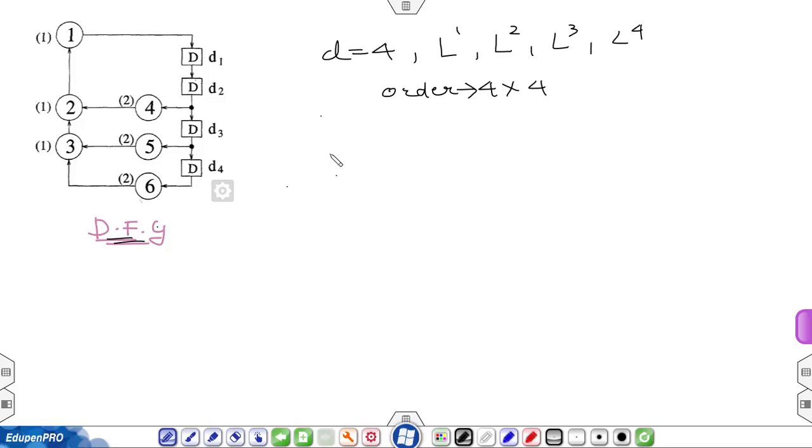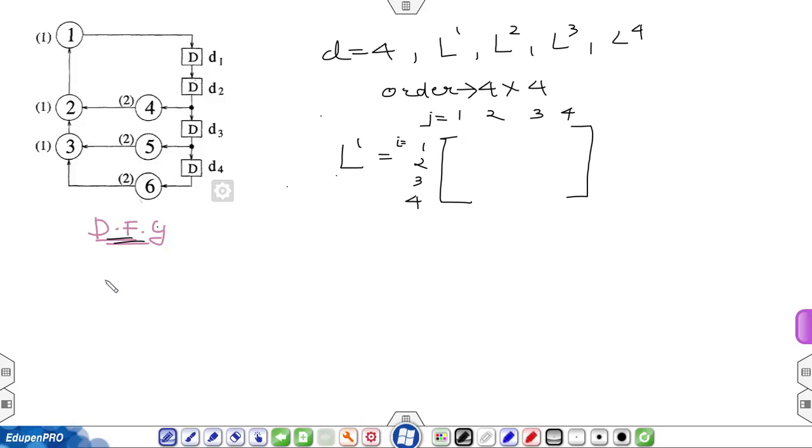So first you have to create matrix L1, and the order will be 4 cross 4. Suppose this is the structure of matrix L1, and i represents rows 1, 2, 3, 4, and j represents columns 1, 2, 3, 4.